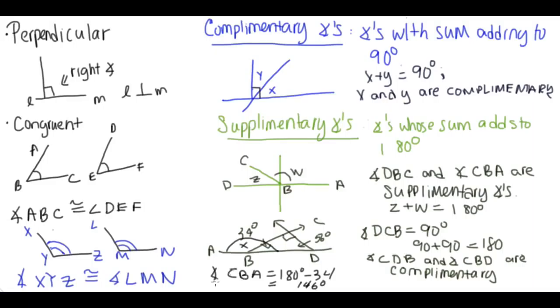And these angles will be said to be supplementary. Because ABC plus CBD equal 180 degrees.